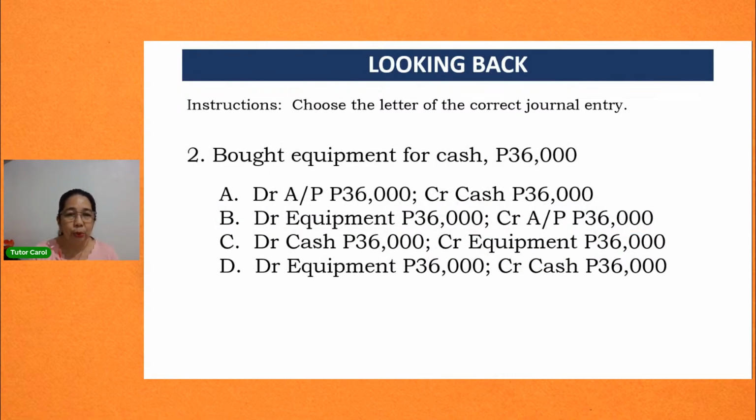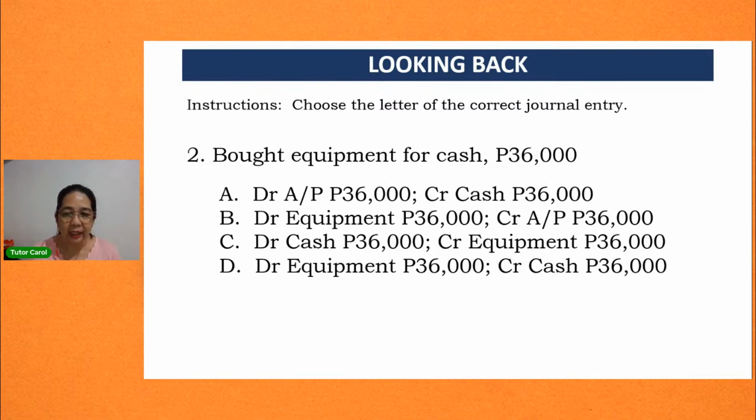Okay, number 2, bought equipment for cash 36,000 pesos. Okay, so who bought the equipment? For sure, it's the business who bought the equipment. So what will be the correct journal entry for that? Is it A, B, C, or D?